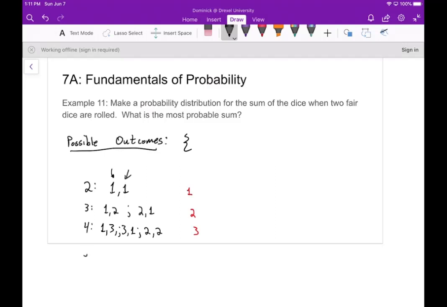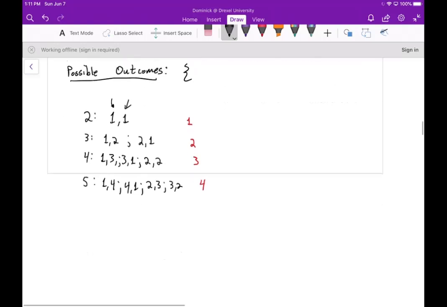Okay, now if I keep going, 5 would give me 1 and 4, 4 and 1, 2 and 3, or 3 and 2, and that would give me 4. So now for 6, we could have 1 and 5, 5 and 1, 2 and 4, 4 and 2, or 3 and 3.